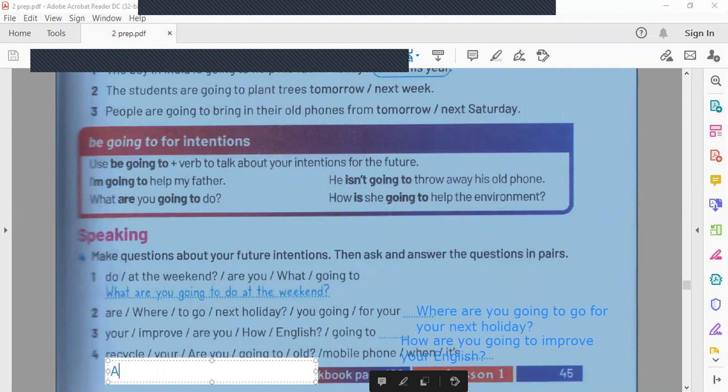Are you going to recycle your old mobile phone when it's old? Okay.